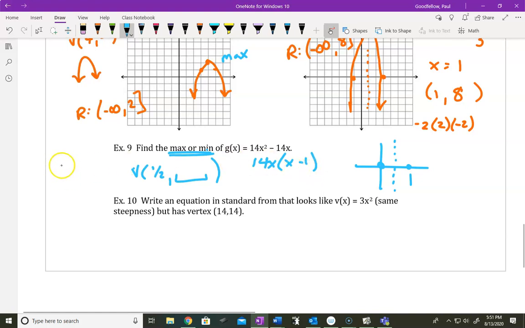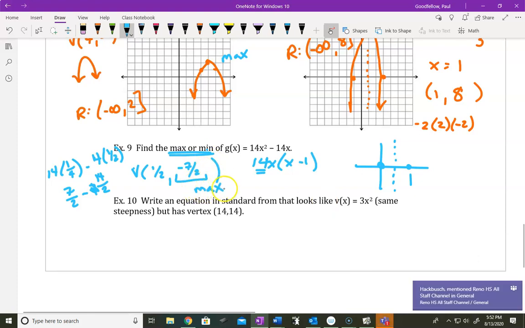And it's really not going to be pretty. 14 times a fourth, because that's what a half squared is, minus 14 times a half, which is going to be 7. And that's going to be 7/2 minus 7. Yuck. Another name for that is 14/2, or negative 7/2. And in this particular case, the parabola had a coefficient that was positive in the front. Ultimately, it would be up, and it would be a minimum. Okay?